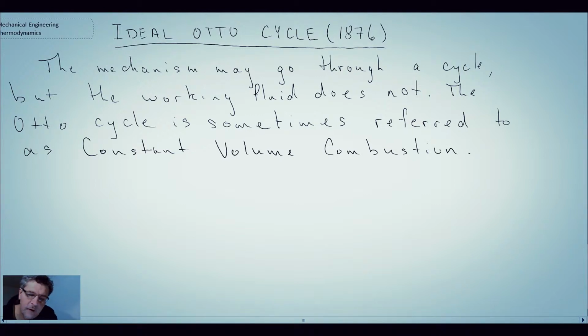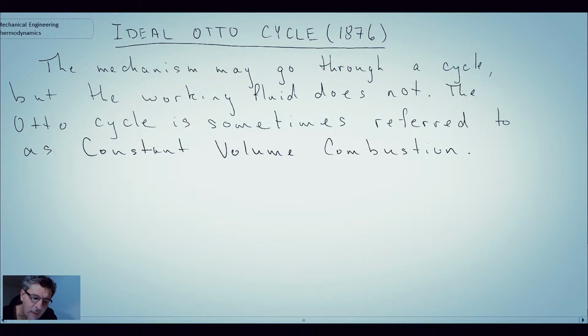First of all, we're looking here at a four-stroke cycle. The mechanism is going through a cycle, but the working fluid itself does not. Remember, the working fluid comes in, it gets compressed, it combusts, it goes down on the power stroke, and then it exhausts, and then it gets purged out into the atmosphere. What we're assuming, however, through our approximations is that the working fluid stays within the cycle.